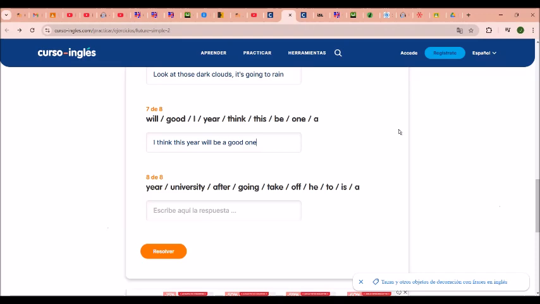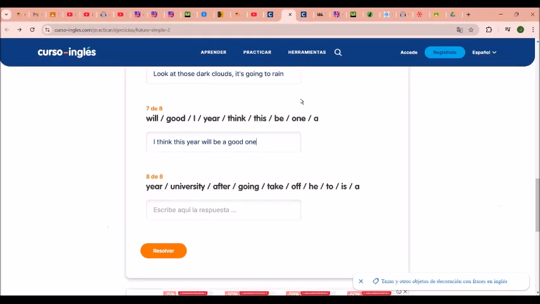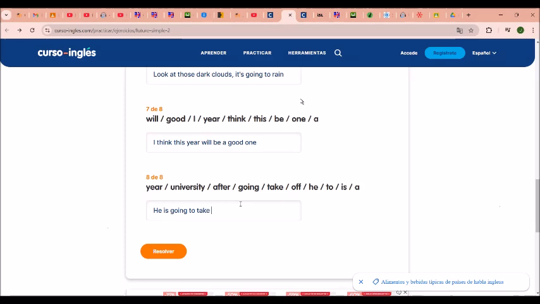Mm-hmm. All right. So he's going to do something. What? He is going to take a year off after university. It happens all the time.